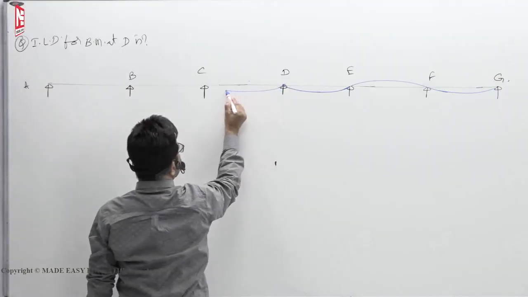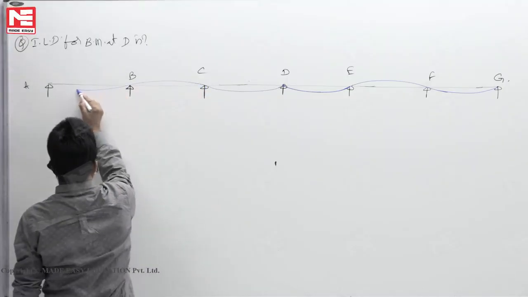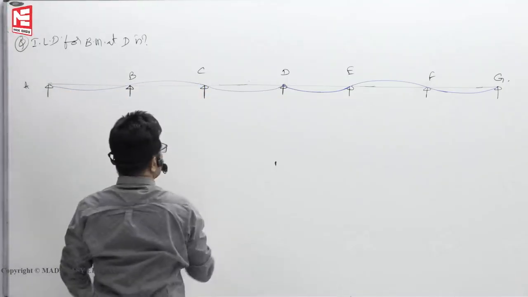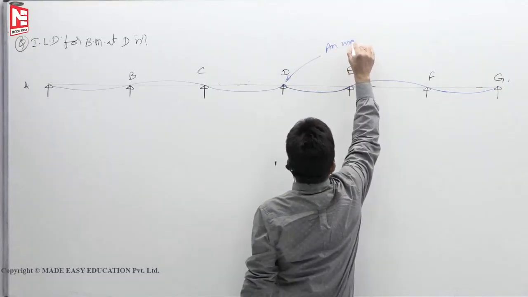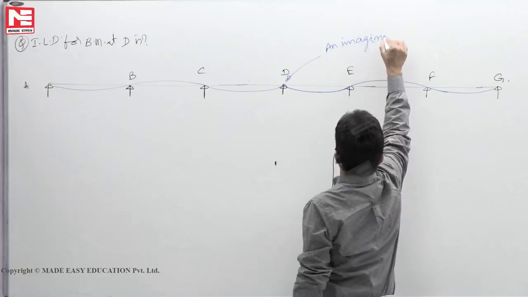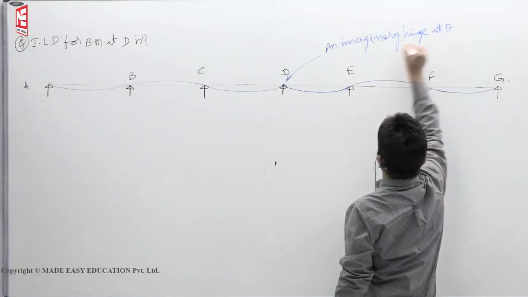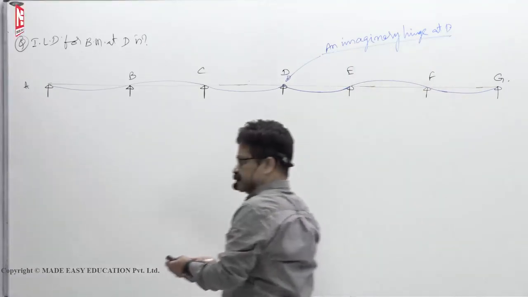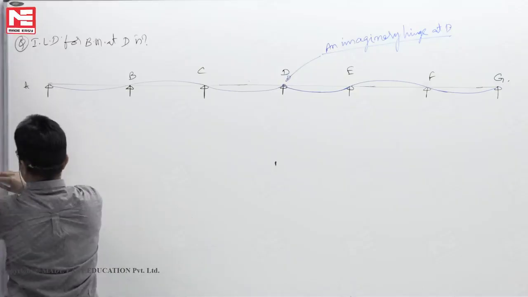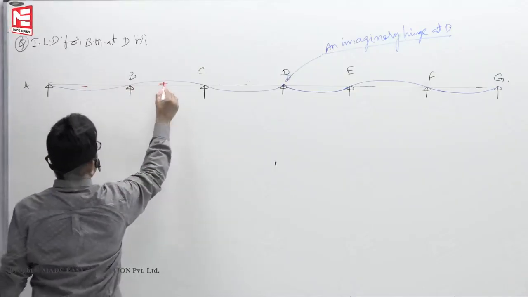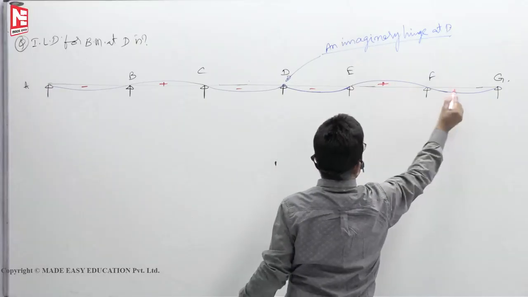It will only hog. So like this it will go up, then down. This is an imaginary hinge at D. Now you see this is minus, plus, minus, minus, plus, minus.